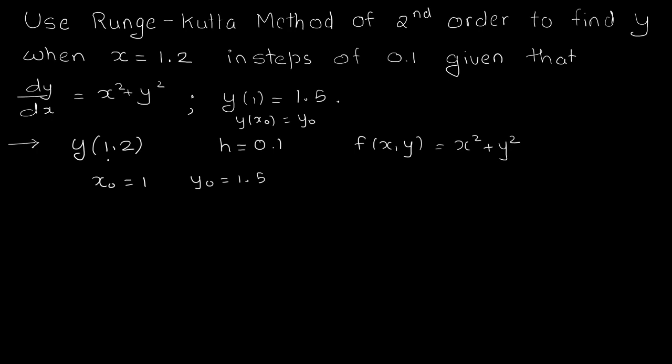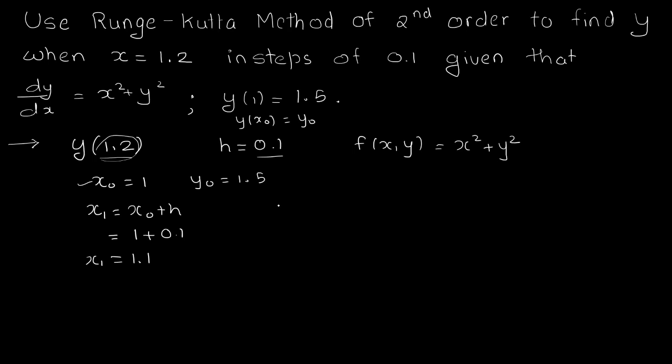Now I need to find the value of y when x equals 1.2 in steps of 0.1. See, x naught is 1, x1 will be x naught plus h. x naught is 1 plus h value 0.1, so x1 will be 1.1.